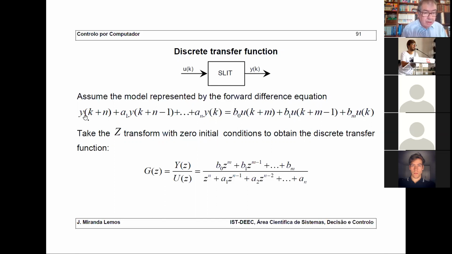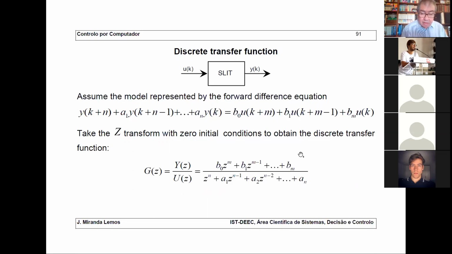Where you have y of k plus n, you will get y of z times z up to n, and so on. So here you are going to have y of z multiplied by z up to n plus a1 z up to n minus 1, and so on. Then you do the same thing for u, and you solve it with respect to y, and you get y of z equals this quotient of polynomials times u of z, or y of z divided by u of z is equal to that.